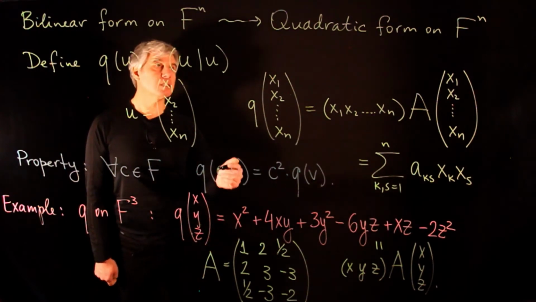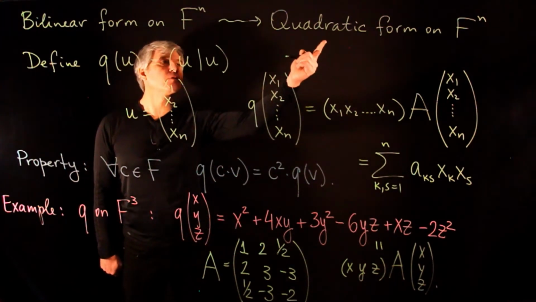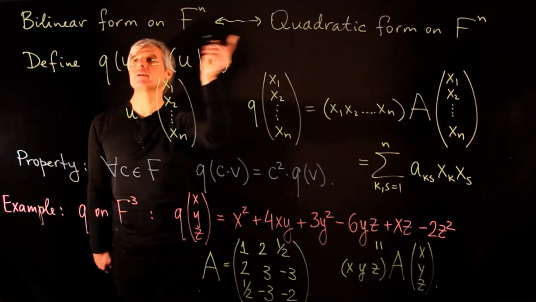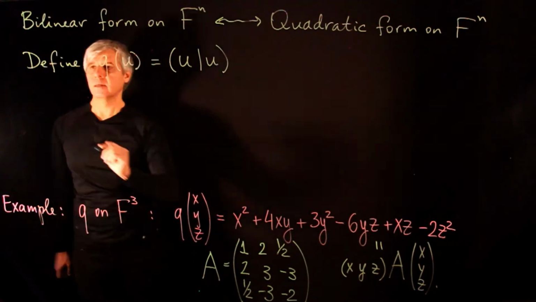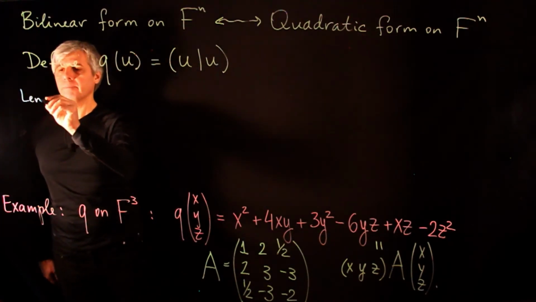So we see that from the coefficients of the quadratic form, we can read out the symmetric matrix. So this suggests that we can go back from quadratic forms and recover the bilinear forms. Let us state the following lemma.